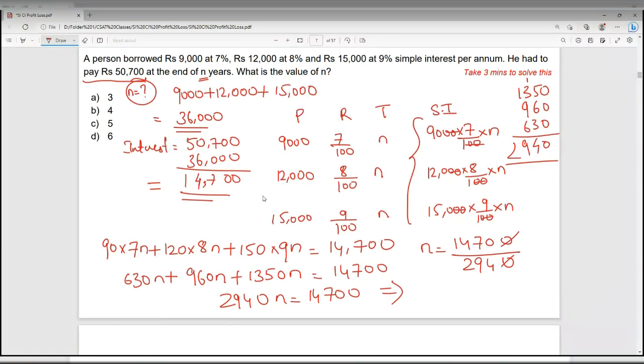Since all the answers are not in decimals, you can just check it out. 294 into 5: 5 4s are 20, 9 5s are 45, 47, this is 4, 5 2s are 10, 14, so 1470. So 294 into 5 is 1470. So the answer is 5. So the correct option is option C.